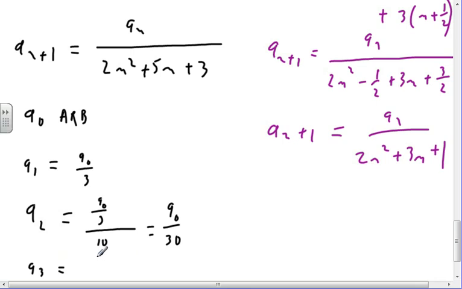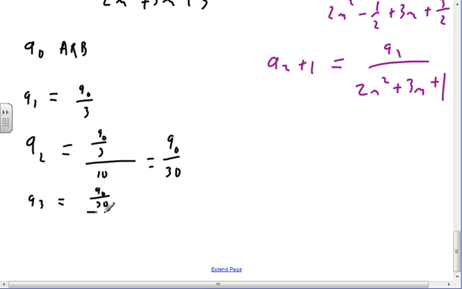A3 is a0 over 30 divided by 21, a0 over 630.